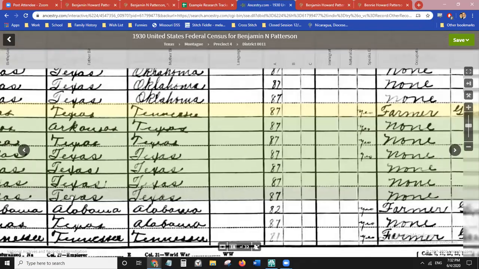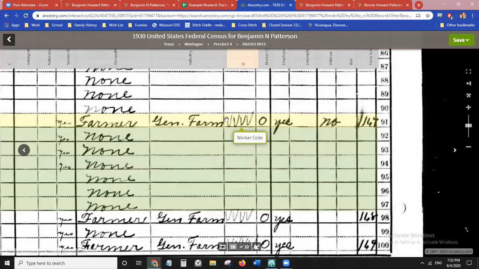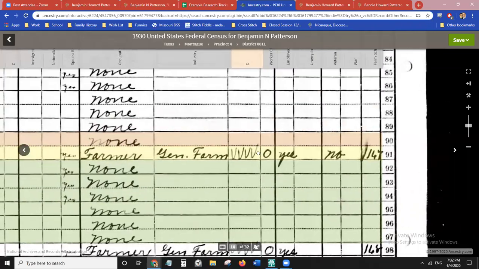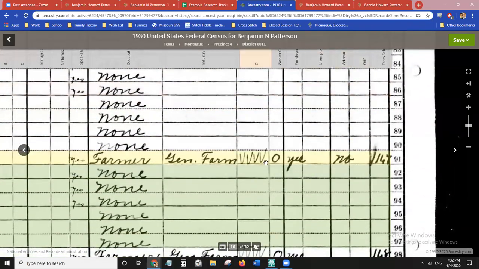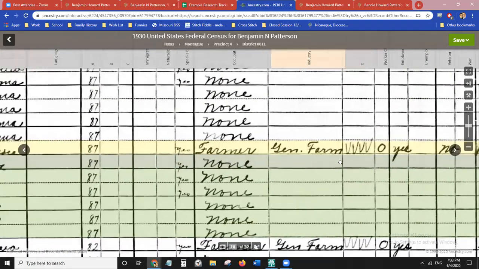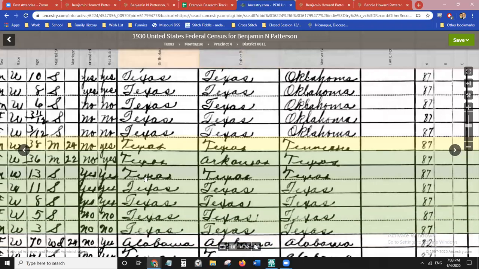Okay, so he's a farmer. He's not a veteran. Okay, that's a worker code. And this information doesn't make any sense. Texas, Texas, Tennessee.